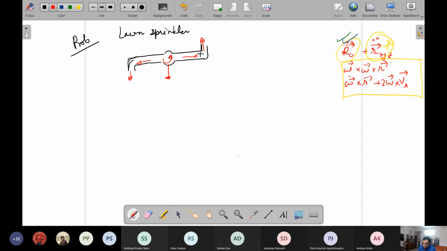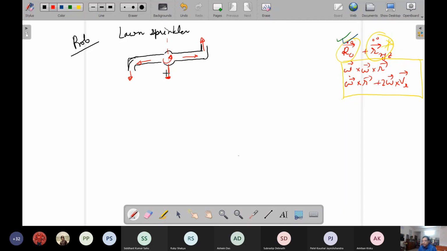So when the water comes out, it has a linear momentum, and there is a moment of that linear momentum with respect to this axis of the sprinkler. The moment of the linear momentum is angular momentum, and this angular momentum flux creates a torque, just like linear momentum flux creates an upthrust on a rocket.